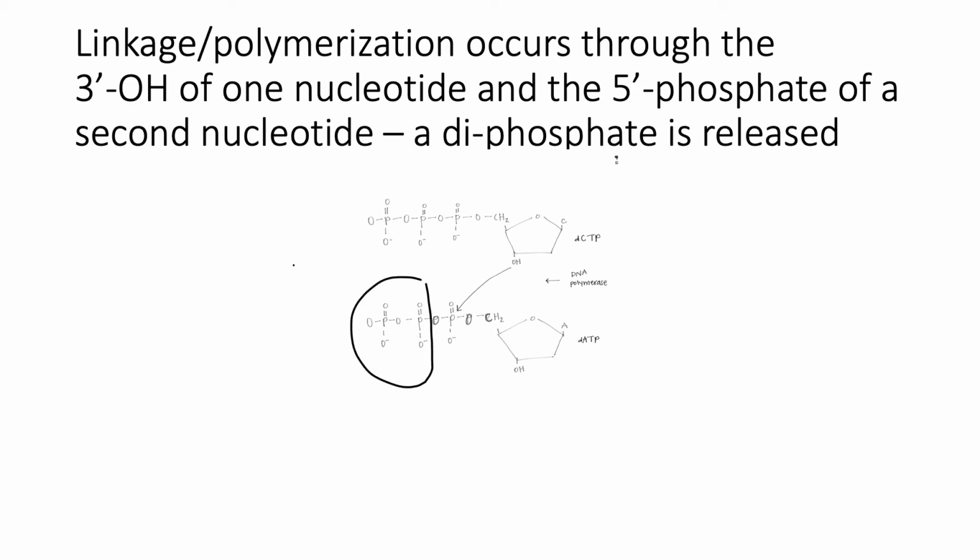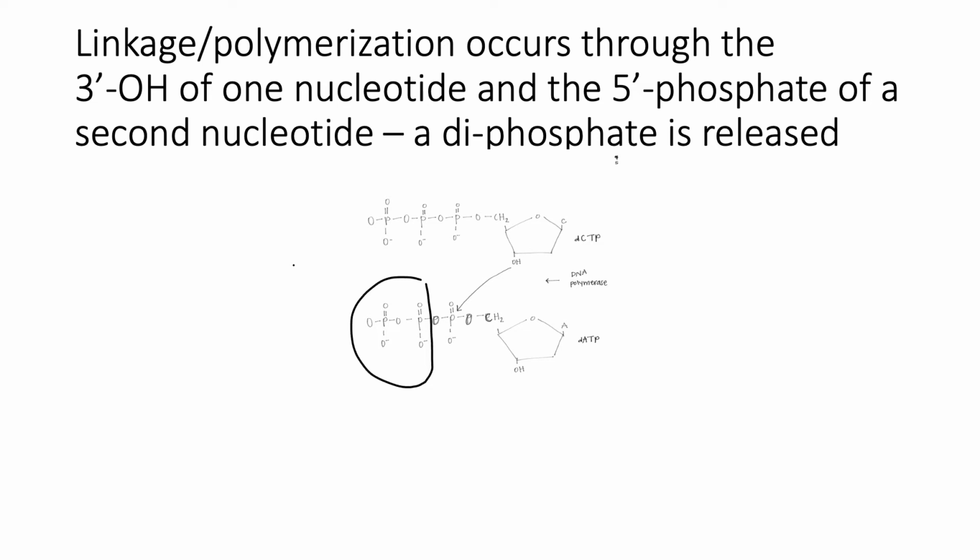So below you have dATP. We know this is a DNA molecule, or it will be a DNA molecule once it's polymerized, because there's no oxygen coming off that number 2 carbon.